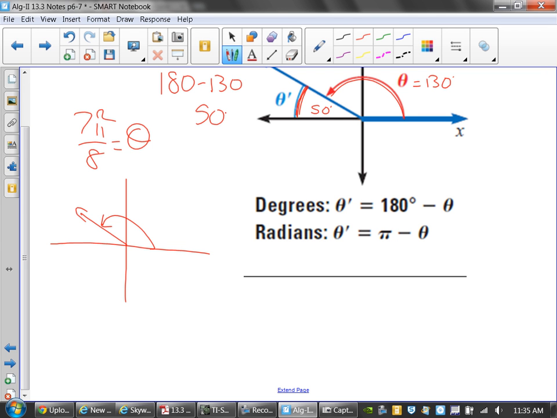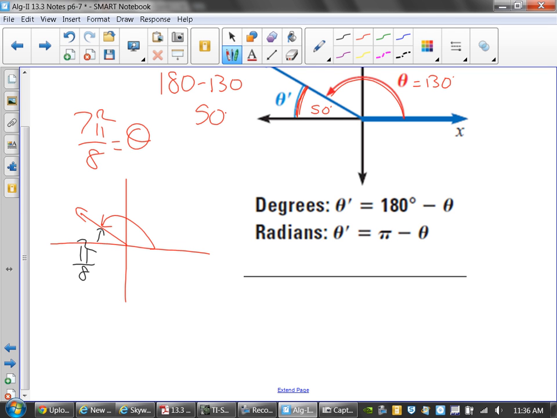How many pi's is that off of the x-axis? 1/8. So its reference angle would be pi over 8. The reference angle is how far it is off of the x-axis. These reference angles are always going to be positive values.